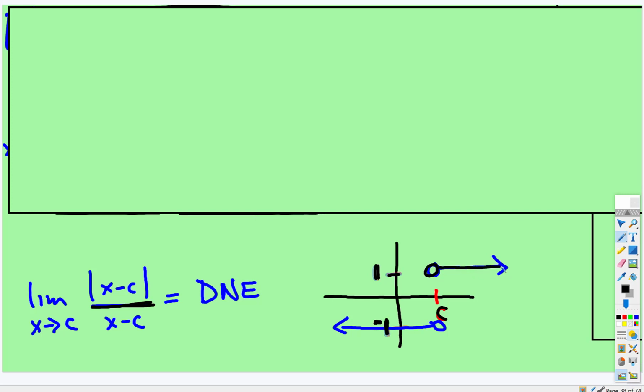So this is what a rational absolute value graph looks like. And if you notice, as you read from left to right, as you're coming from the left side and as you're coming from the right side, those two heights disagree, so the limit does not exist. Now, when we start doing one-sided limits, where all we have to look at is one side of the graph, then we do have a height. Same with over here.